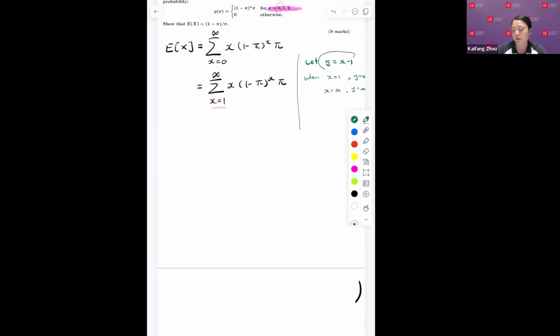So the possible values for y are from 0 all the way to infinity. This means x is equal to y plus 1. The next step, we're going to replace anything with x with y.